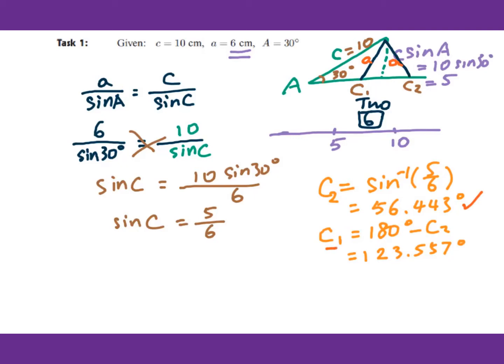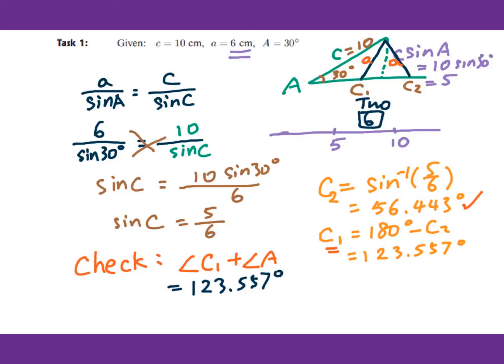What about C1? You can check C1 by doing angle C1 plus angle A. Is it less than 180? If it's less than 180, that means C1 does exist. Otherwise, C1 is wrong. So we got 123.557 degree. You add 30 degree.